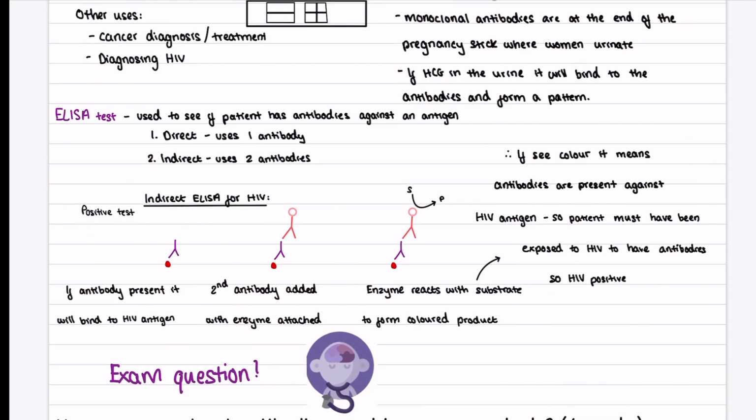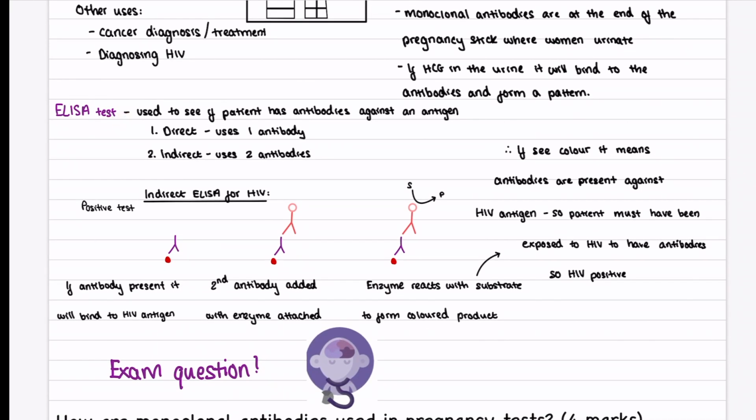Finally, the ELISA test. These are used to see if a patient has antibodies against an antigen. Direct uses one antibody and indirect uses two. The indirect ELISA test for HIV works like this: if an antibody is present, it will bind to the HIV antigen, and then the second antibody is added, which is attached to an enzyme.